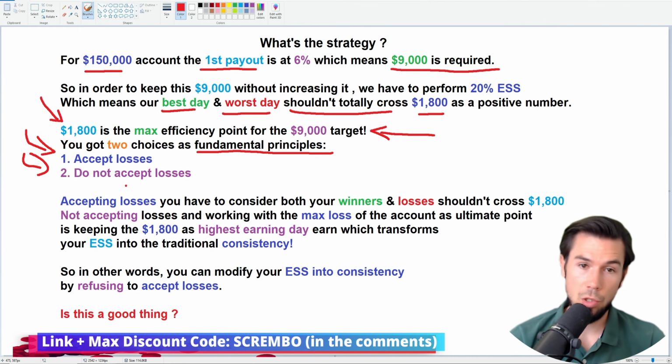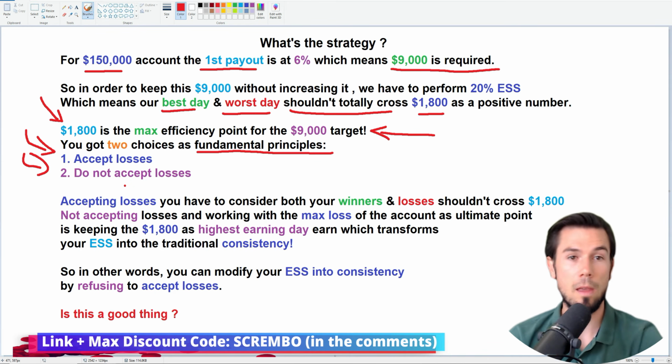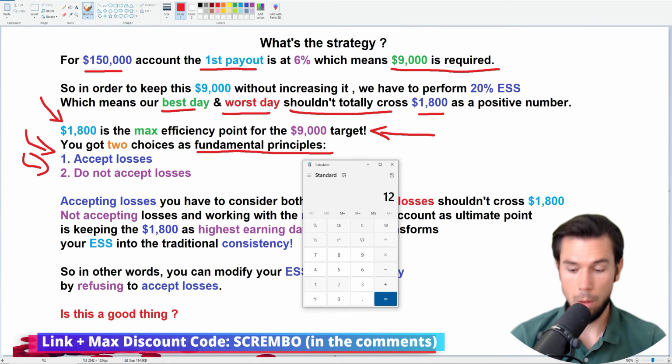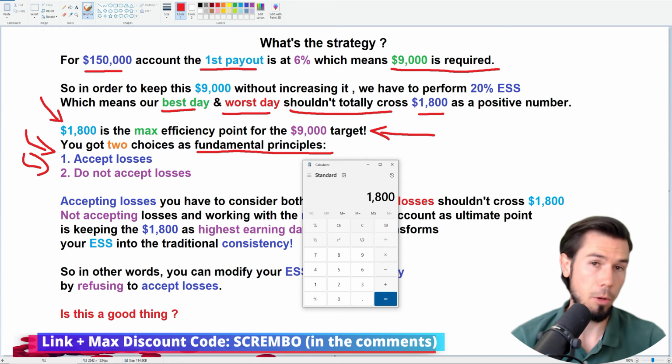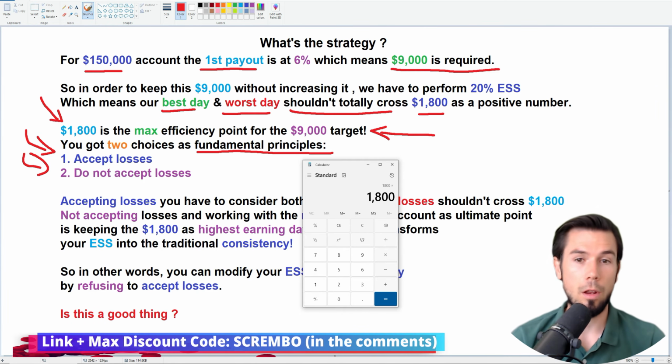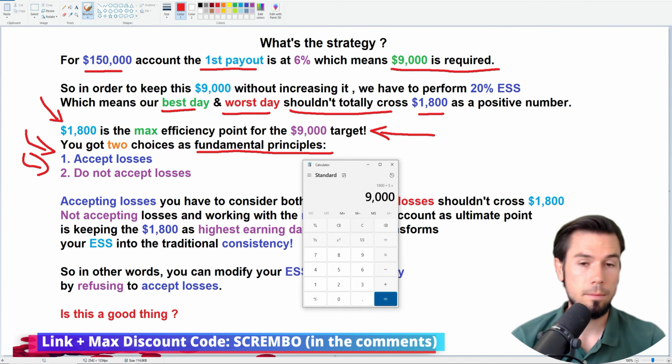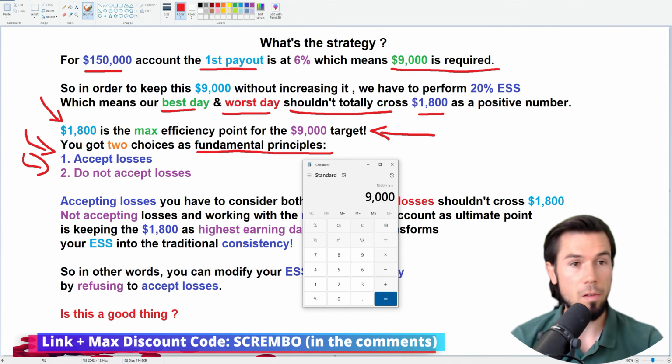If we accept losses, then we need to know the worst day needs to be there in the calculation. If we do not accept losses, then we know that we can have the highest profitable day at 1,800, and that's it, right? So we know if we make 1,800 as the highest day, and we don't accept the loss, 1,800 times 5, we get to our target of $9,000 in 5 days, right?